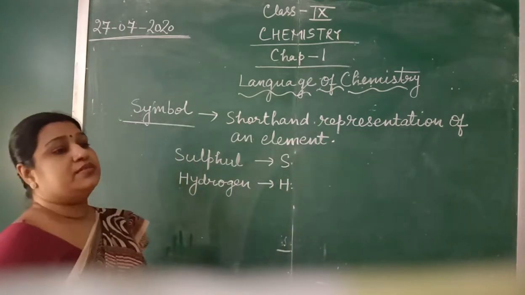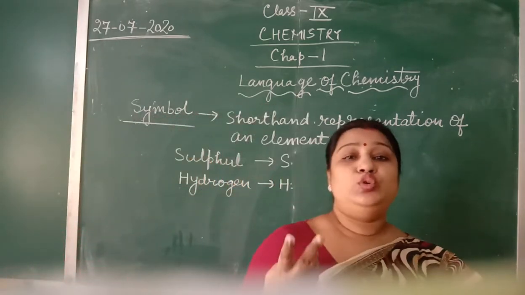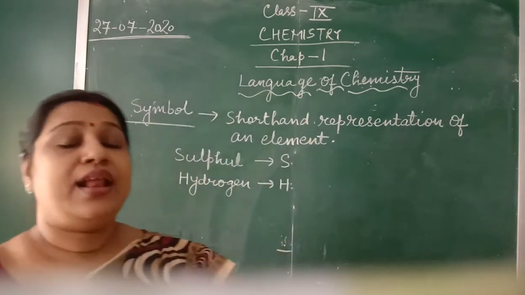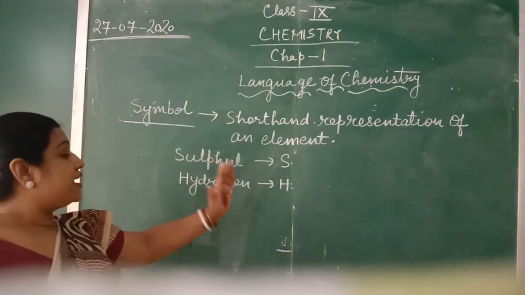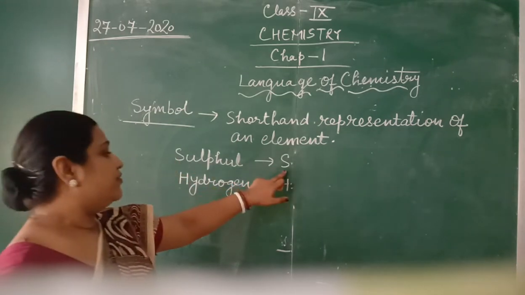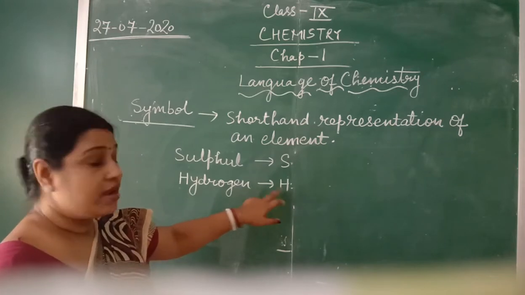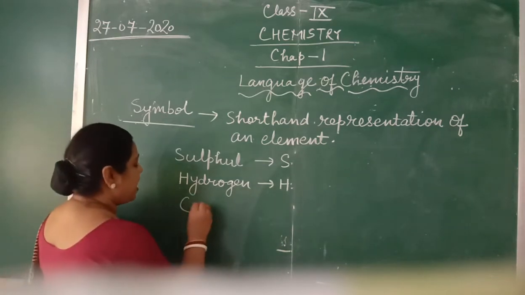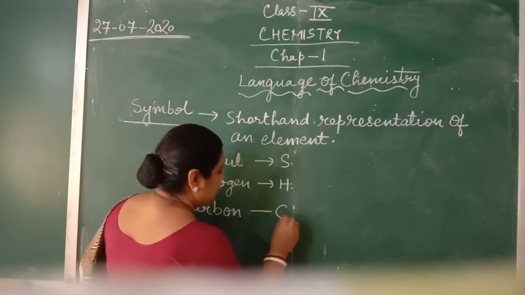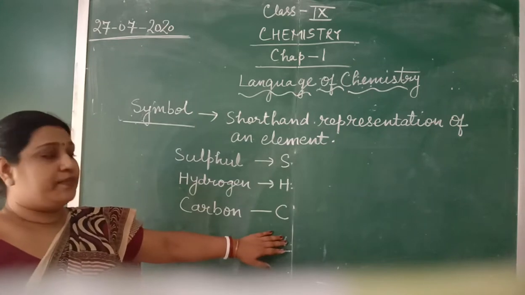Generally, there are one letter symbols or two letter symbols. Symbols are taken from either the first letter of their name, like sulfur, S, hydrogen, H, similarly carbon, C. These all are single letter symbols.